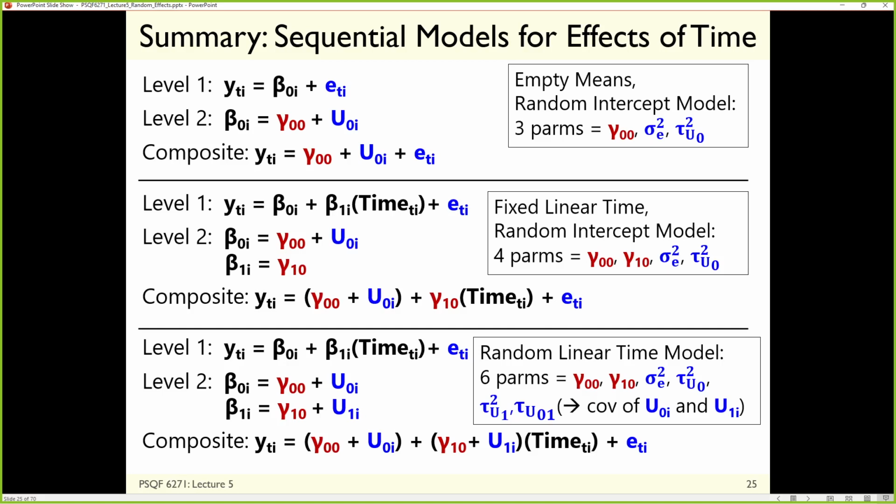Is there change? That's fixed effects. If the change is nonlinear, we're probably going to need more than one fixed effect, such as a linear and a quadratic slope, or an exponential slope where we have amounts and rates instead of just lines, or piecewise models, which is like linear splines where you have two different slopes. That might correspond to an intervention design where something different happens in the middle, like a before and after kind of thing.